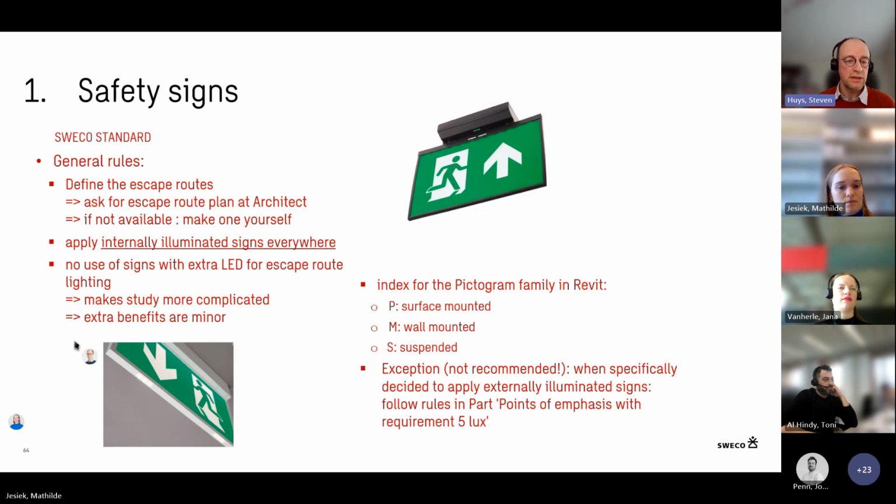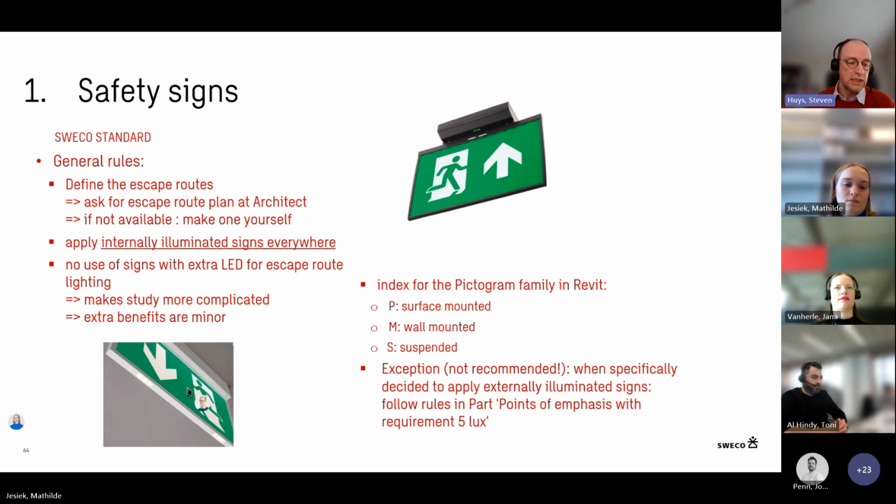So no use of the signs with extra LED. You still have on the market the safety signs with extra LEDs on the bottom of the fixture, which also helps on the one lux level on the escape route. You could use them, but I would not recommend it, because then again you have a mix between the two, and then you have again the question of the inter-distance with other escape route fixtures or anti-panic fixtures.